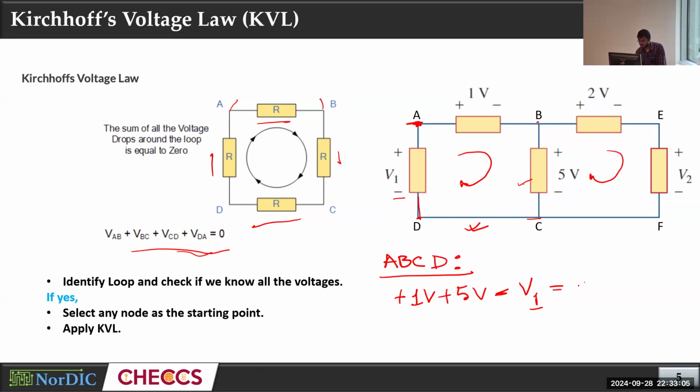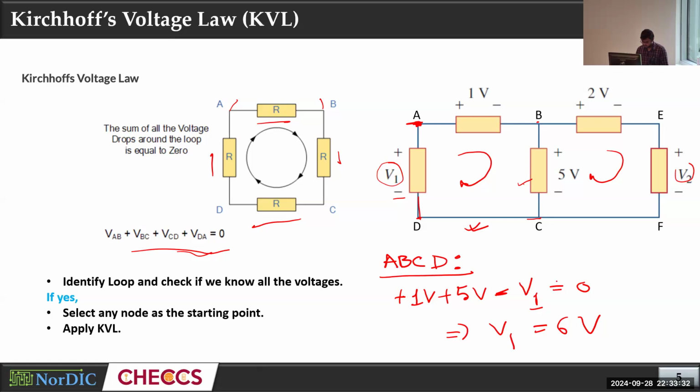Now we can write equal to 0. So this is the KVL for the ABCD loop. That's how we write the KVL for any loop. Is that clear? From this equation you can easily calculate V1. That's our target: we want to find the value of V1 and V2 from this circuit applying KVL. So V1 is just 6 volt. Is that clear? Okay.